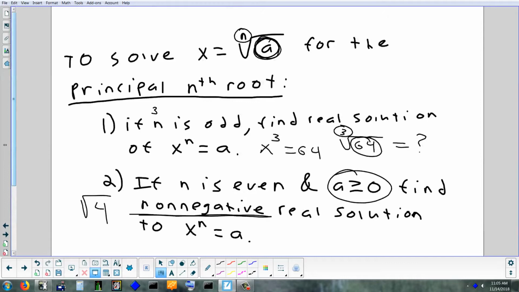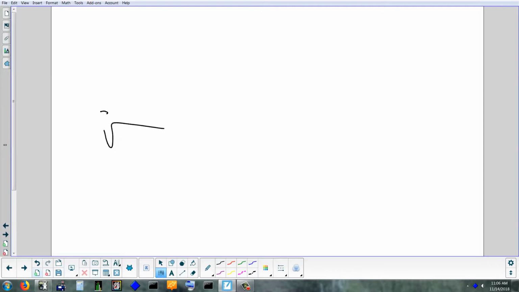So when you're dealing with even roots, the number under here always has to be positive. That's not true for odd roots. We did the cube root of 64. I can do the cube root of negative 64. The answer is negative 4. Negative 4 times negative 4 times negative 4 is negative 64. So negatives are okay with odd roots, but negatives are not okay with even roots, unless you're doing imaginary.